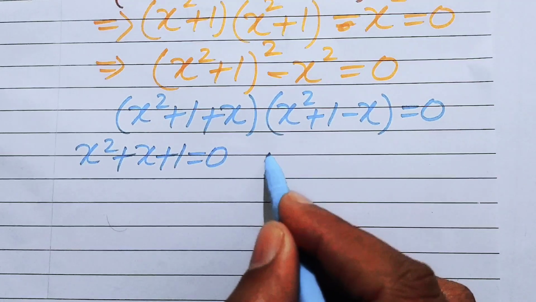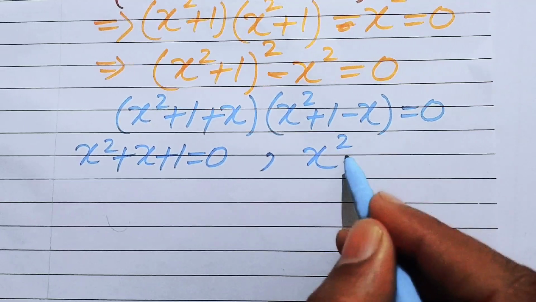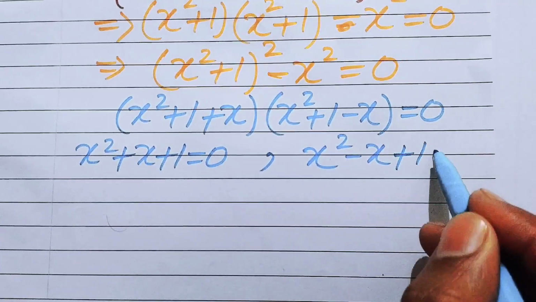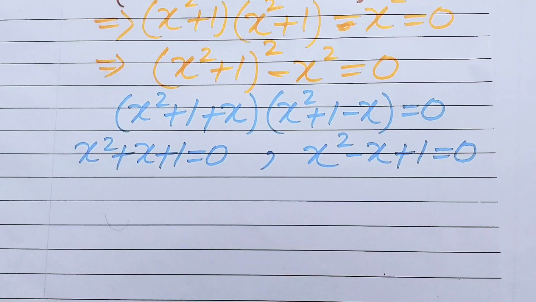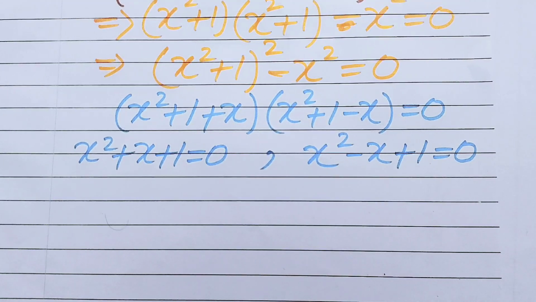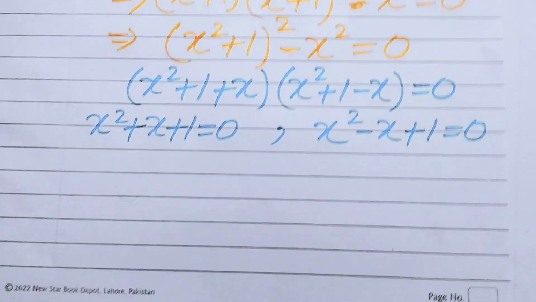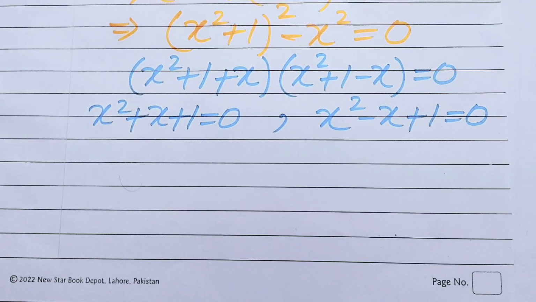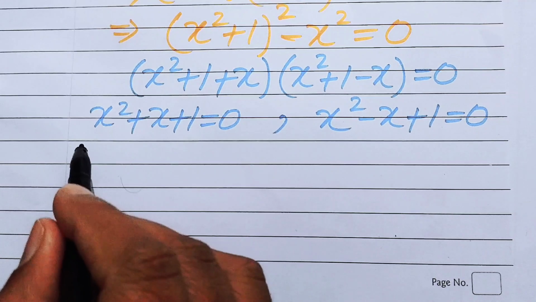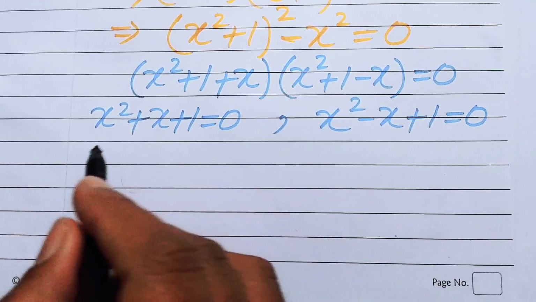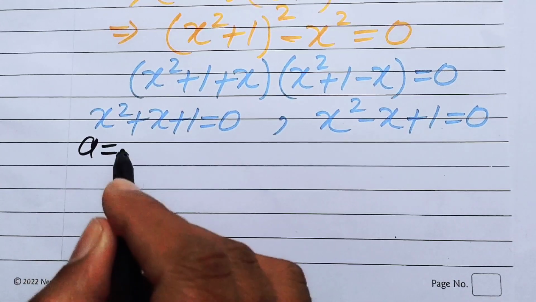So this is our first case, equals 0, and this is the second case. Because these two equations are quadratic equations, we need to solve them by using the quadratic formula. In order to use the quadratic formula, first we write the coefficients of both equations.